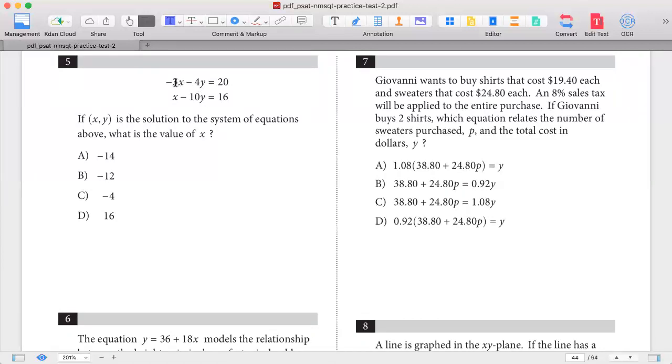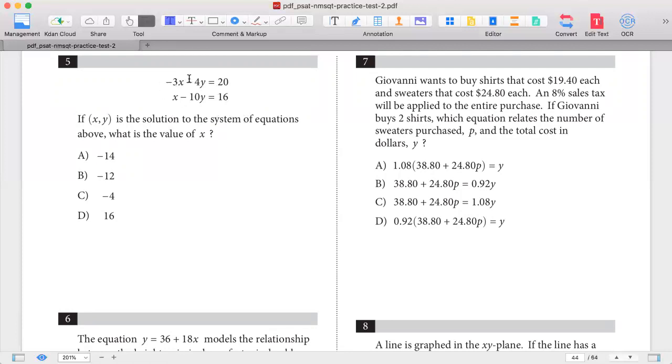So for example, I have here negative 3x and positive 3x, or negative 4y and positive 4y, or I have 3x and 3x, the same sign, so I can multiply one of the 2 equations by negative 1 to inverse the signs of all the equations.